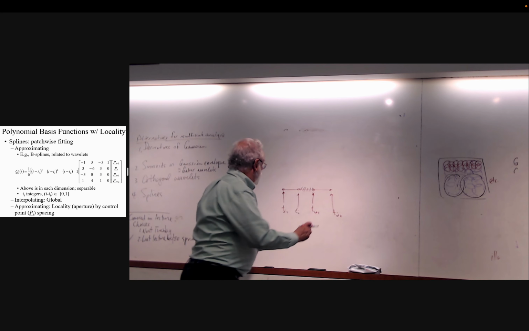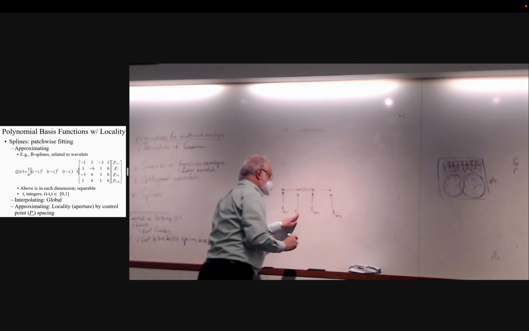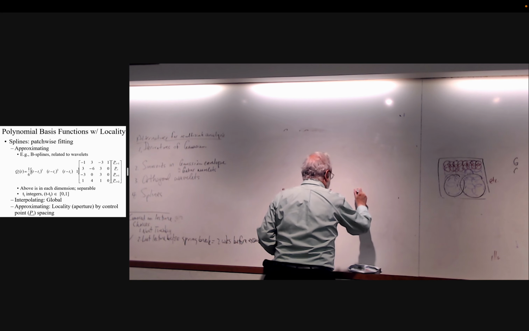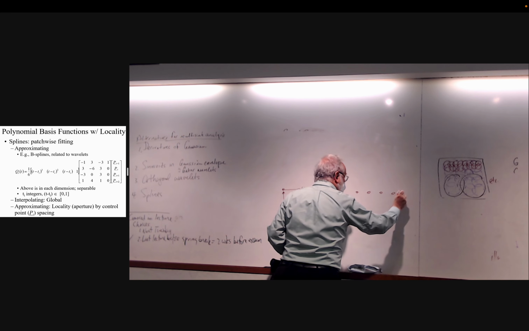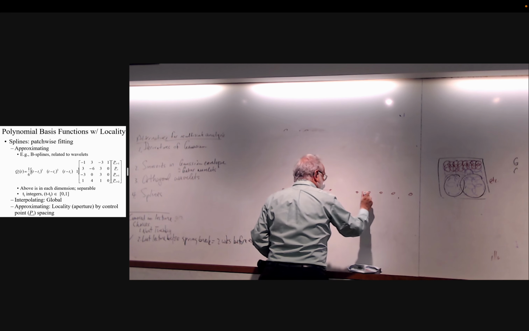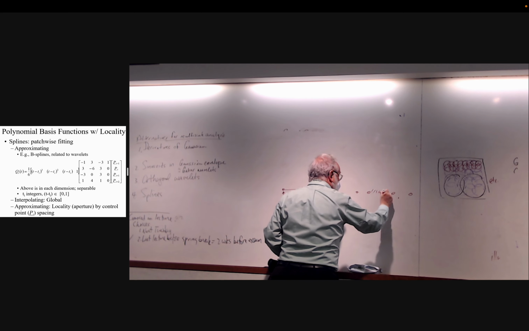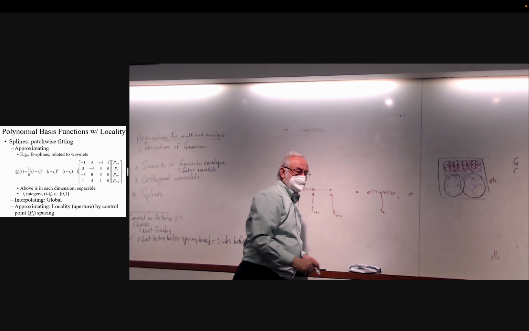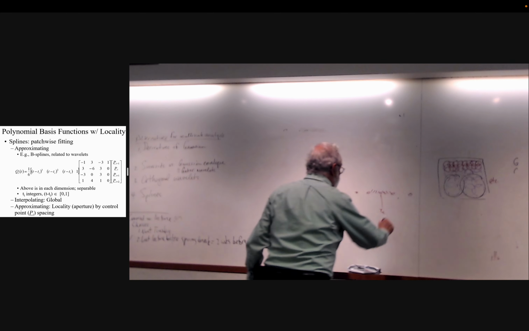Later, we'll be talking about other patches, and this whole picture is going to shift. Instead of being interested in this patch, we're interested in that patch, and now this is t sub i, this is t sub i plus 1, and this is t sub i plus 2.